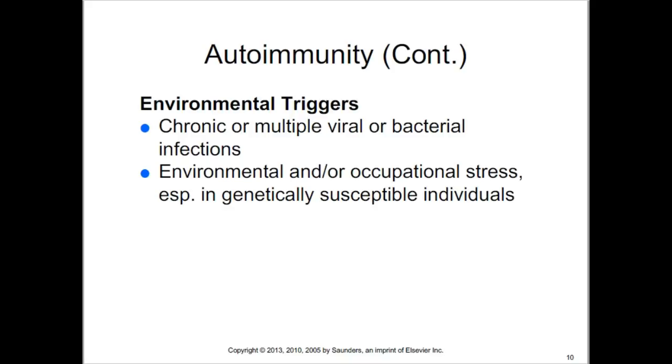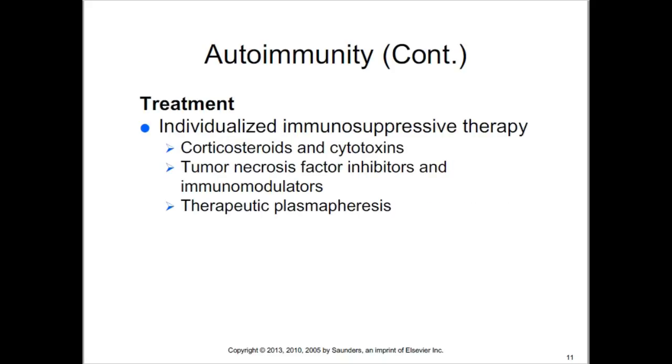So you'll see that. Some environmental or occupational stress. Remember, stress, if you go back to chapter 2, does and can cause physical and physiological changes in our bodies. So anything can trigger these, especially in people who are genetically susceptible and have particular HLA genes.